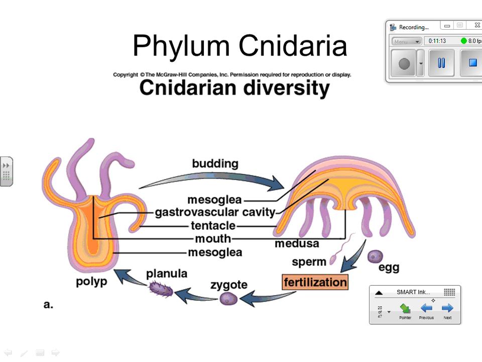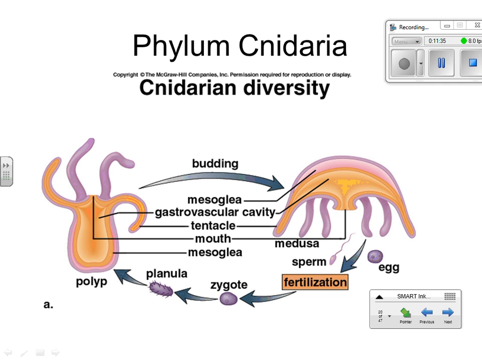Let me find a picture here. Here you can see the life cycle of your typical jellyfish. Medusa, polyp. Now notice a couple of things about this. The polyp tends to reproduce asexually. So it makes a bud that breaks off through mitosis, and that bud grows up to be a medusa. That's swimming around in the water.